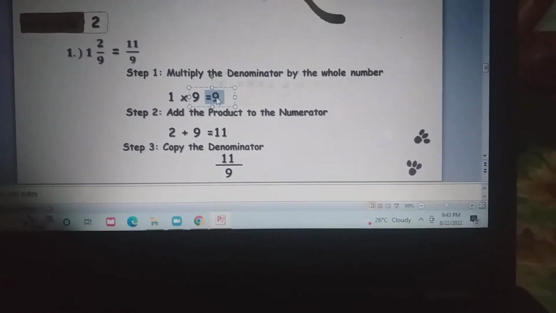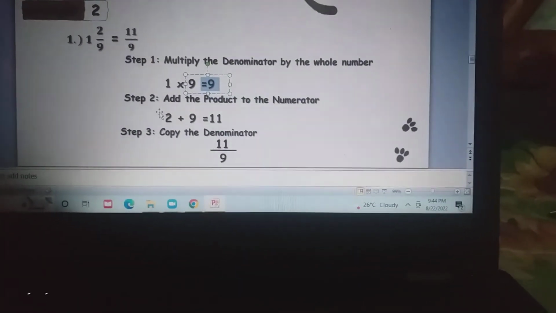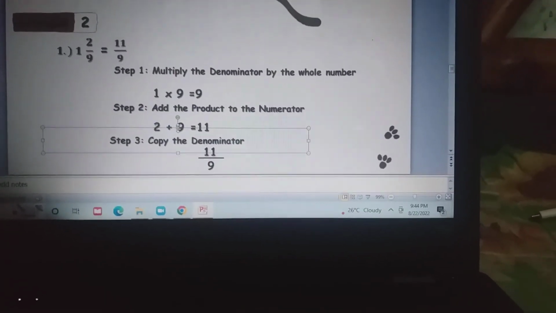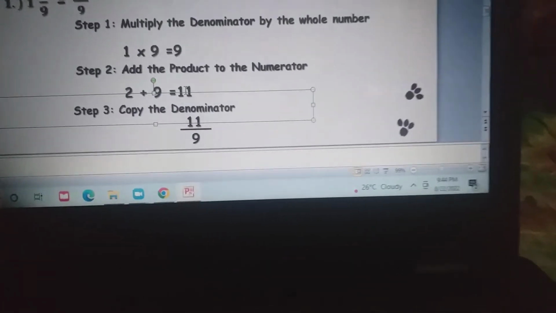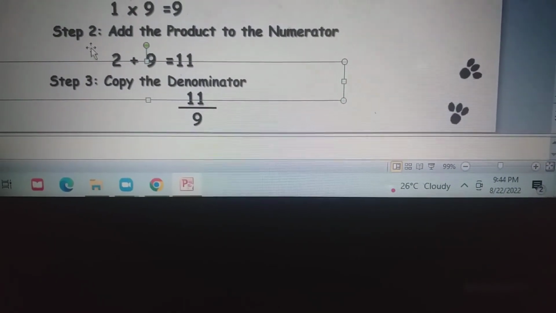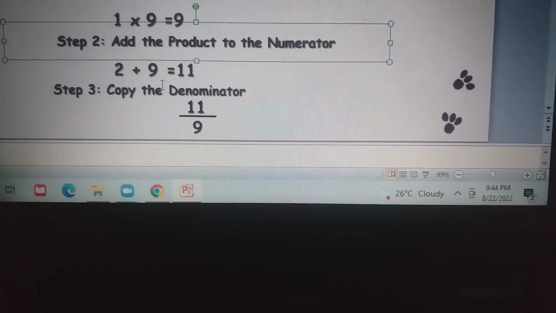Okay? Then, after that, you add it to 2. So, 9 dagdagan ng 2. Or 2 plus 9 is equal to 11. Okay? 2 plus 9 is equal to 11. So, 2 dagdagan ng 9, maging 11.